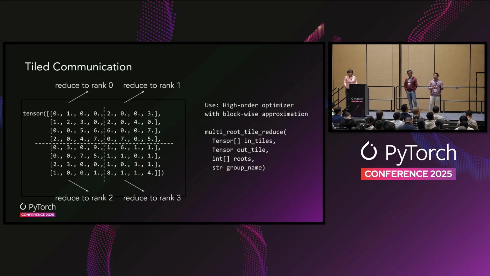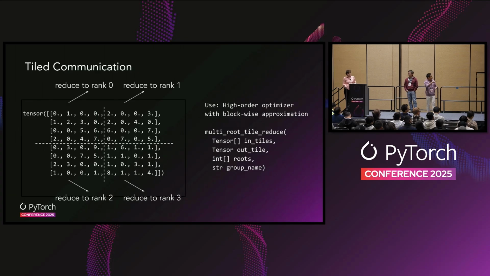So with that, you can write your own communication kernel, and that's what we do in the PyTorch Symmetric Memory package. We surface an op called multi-root tile reduce. So you just need to provide a bunch of tiles like this one, 4 tiles, and then specify a bunch of roots, 1, 2, 3, 4, corresponding to each tile. And then the op will end up with an output tile at each of the ranks.